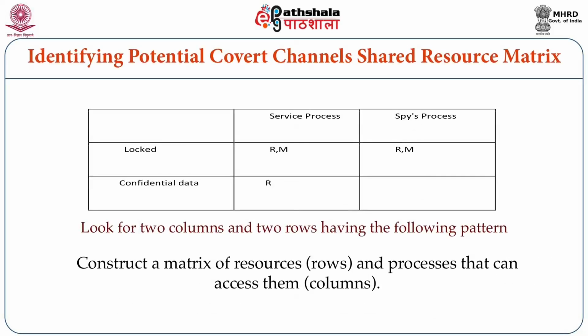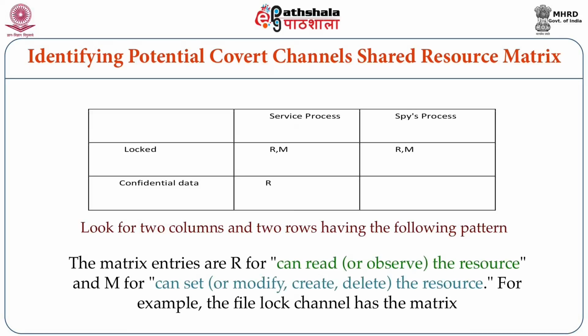How to identify the covert channel? Through the shared matrix. In the shared matrix, R signals that the process can read or observe the resource, and M means it can set or modify, create or delete the resource.